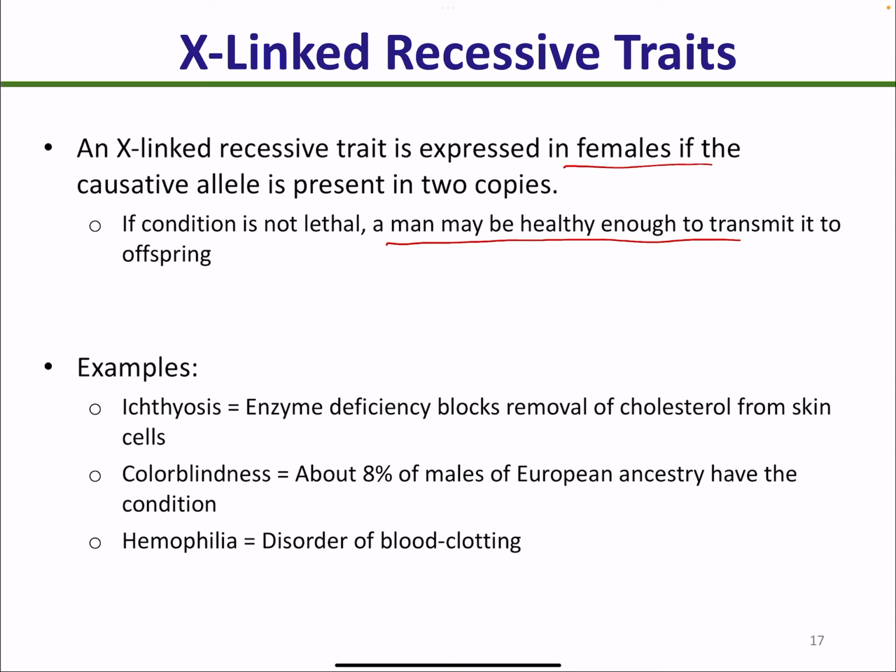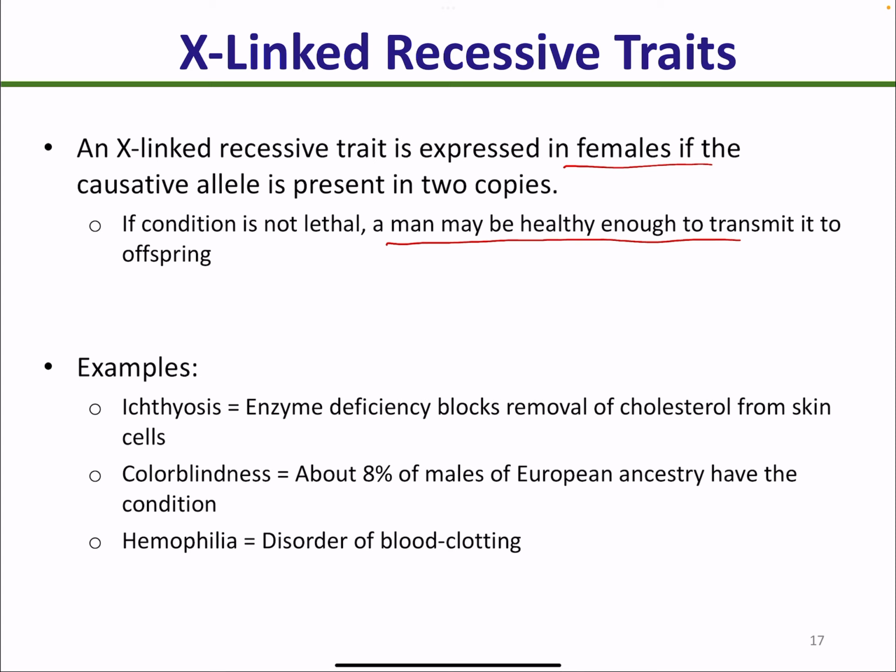Let me repeat that. If the condition is not lethal, then the chance that dad is going to transmit it to its offspring is high. So basically, the condition has to not be lethal for that to pass it to the offspring.